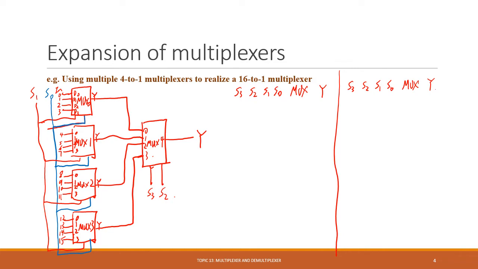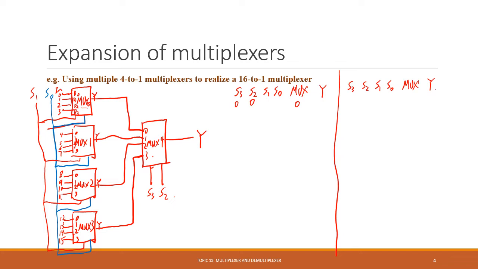So S3, S2, S1, S0 is the 4 select inputs, which is needed for a 16 to 1 mux, right? So if S3, S2 is 0, which means mux 0 will be selected, to the output, right?